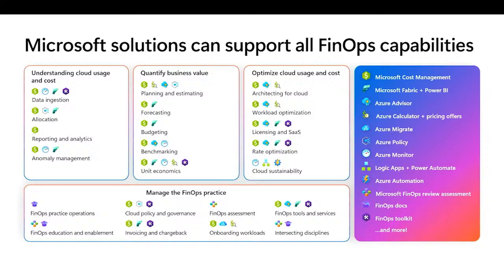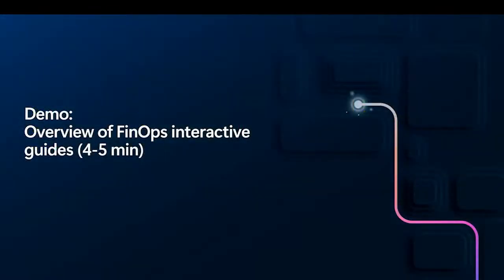So we'll use Microsoft Cost Management. And then you think about the carbon, right? And I need to meet those carbon regulatory requirements. What can I use to make sure that all my deployments are meeting that? Well, that could be Azure Policy. So these are some examples of how you can use some of these tools to meet those two use cases. And we'll get into those tools a little bit more.